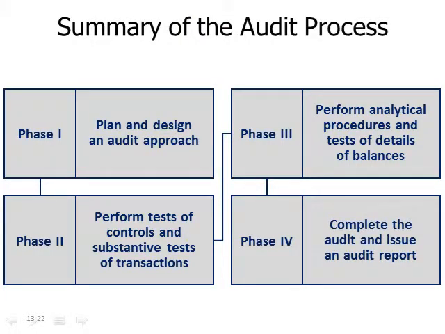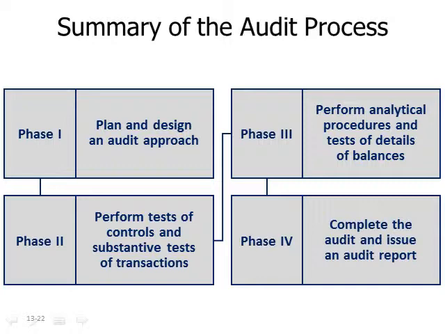And so here again, we're just going to review that in phase 1 of the audit process, we plan and design the audit approach. In phase 2, we perform tests of controls and substantive tests of transactions. And these were the controls that we developed an understanding of during phase 1.